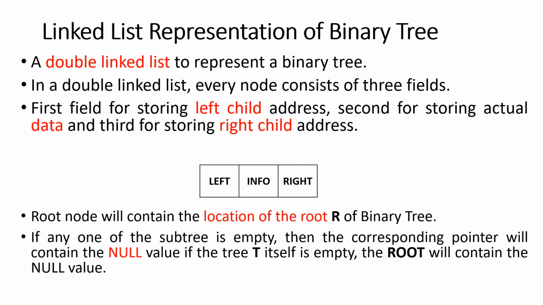What are the 3 fields? Two addresses will be stored, and in the center we will have the information, the data value or key value. Left and right will hold the address of the left child and the right child.